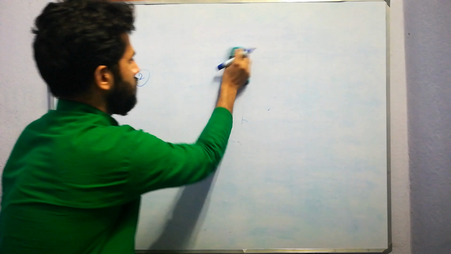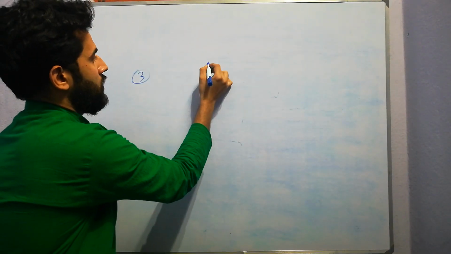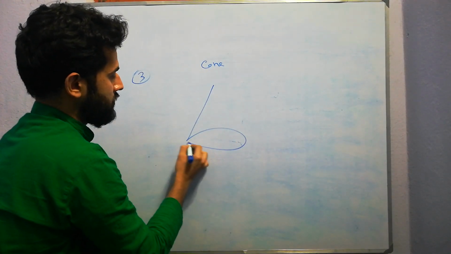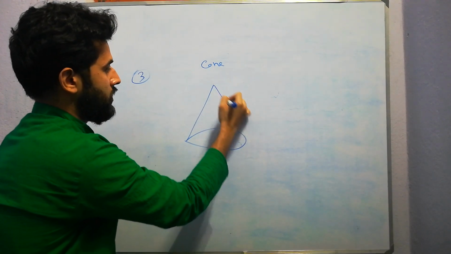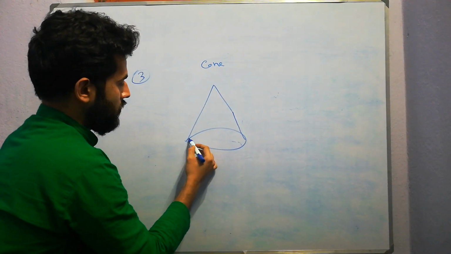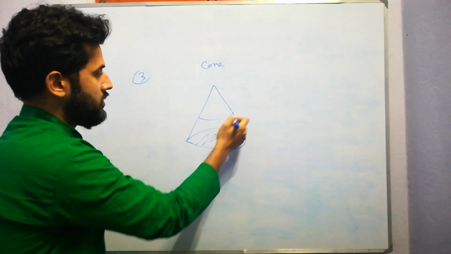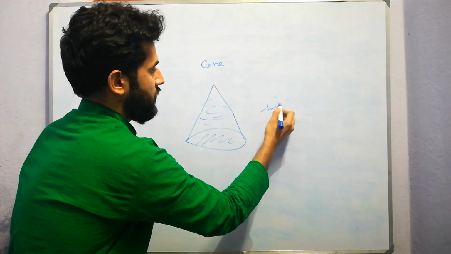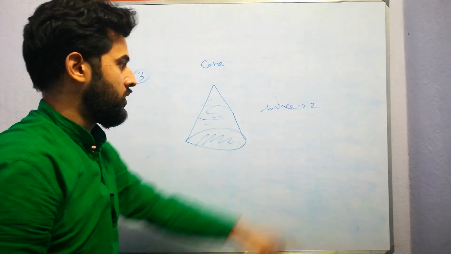Next we will go through the cone. A cone looks just like this. All of you have eaten cone ice cream, so you'll understand how it looks. It has one plain surface and one curved surface, so total surfaces is 2, one plain, one curved.